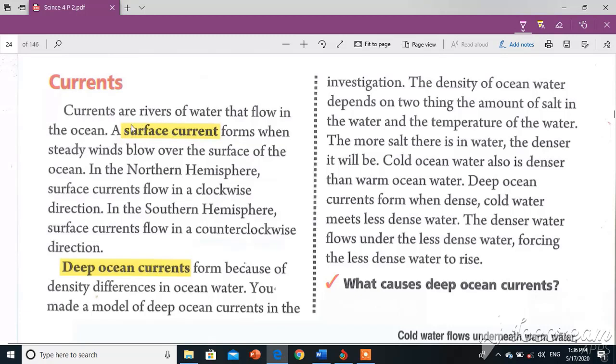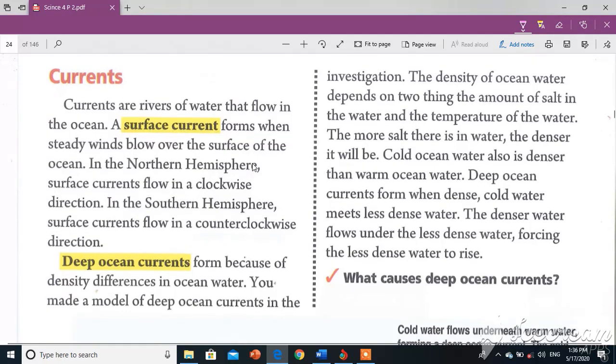But deep ocean currents form because of density differences in ocean water.